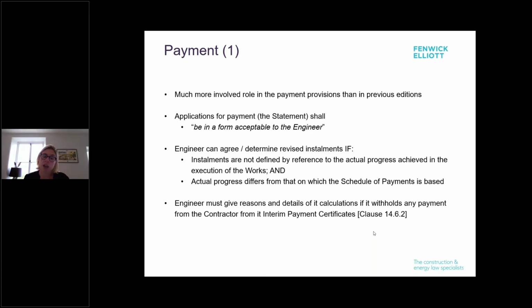But also the engineer can revise the instalments of any payments if, for example, instalments are not defined by reference to actual progress achieved and the actual progress then differs to the schedule of payments. That's something they can help with. But crucially, the engineer has to give reasons and details of its calculations if it withholds any payment, so the contractor can see and understand why it's not being paid.